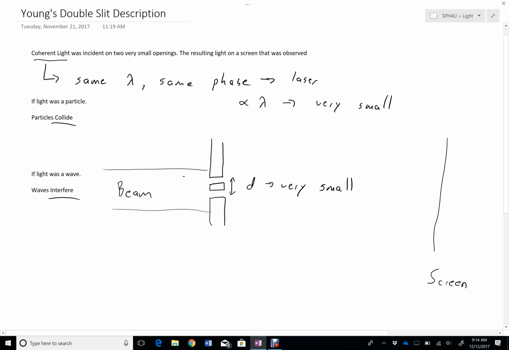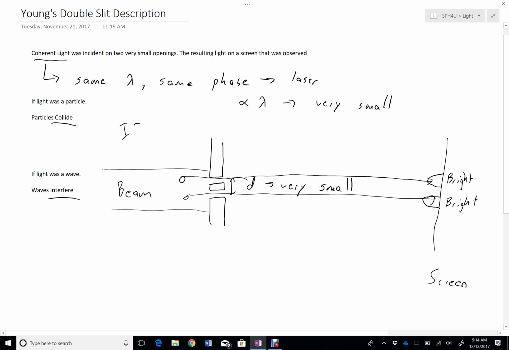If it's like a baseball flying through this opening, like a particle, we should see a bright spot right here where a bunch of those baseballs that represent light collide, and we should see a bright spot here associated with baseballs going through the bottom hole. And that's all we should see. This is if light was a particle.